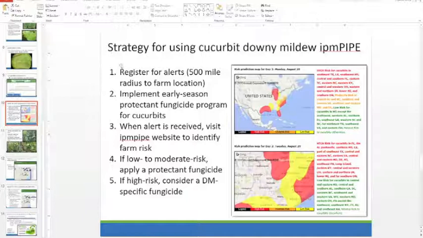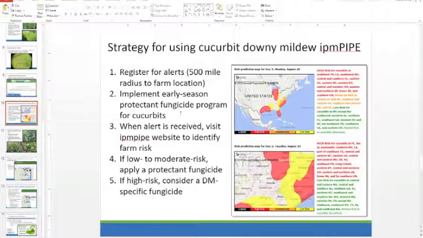To use that forecasting website, I've laid out a strategy here. The first step is to register for alerts specific to your farm location, and I recommend registering for the 500-mile radius. That website will be available in the resources list that Brett provides to you all.